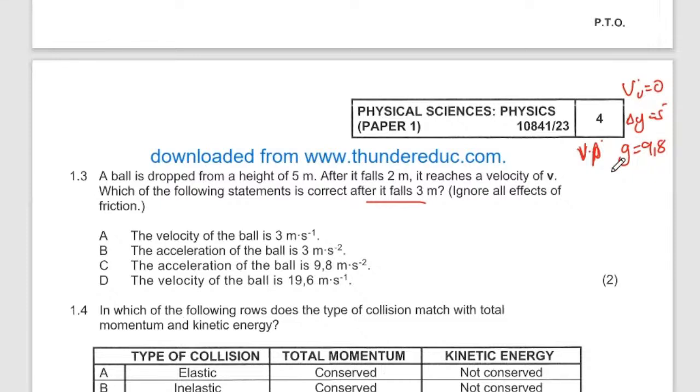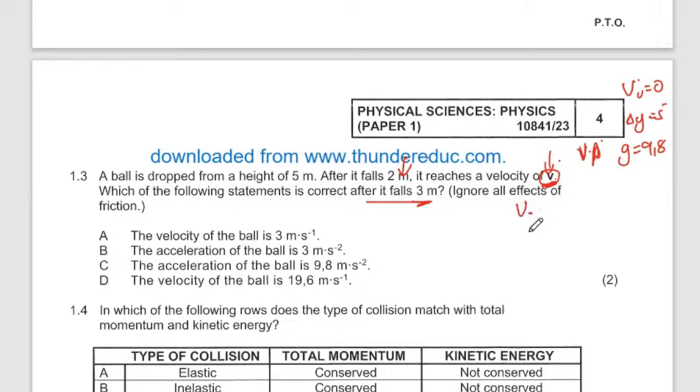Now after it has fallen 2 meters, it reaches a velocity. They want us to get a statement for 3 meters, telling us at 3 meters, the velocity is going to be this. I don't know that. Let me first find what the speed is at 3 meters.